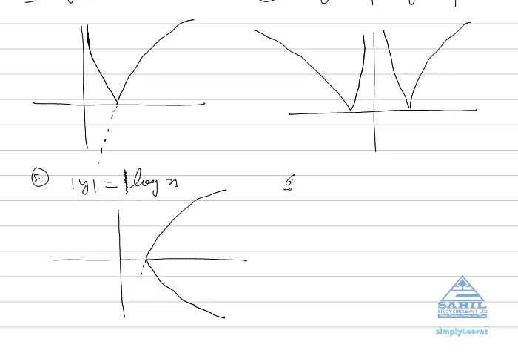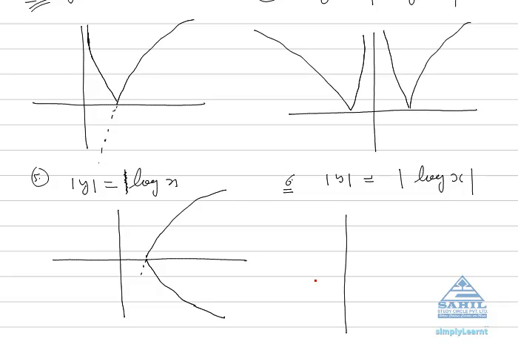And see the sixth part. It is modulus of y equals modulus of log x. Okay, now what is the kind of graph this will be? You just see that y equals mod of log x. This is the third part, and it is like this. I have to take the image of this with respect to the x-axis. So how will it be?